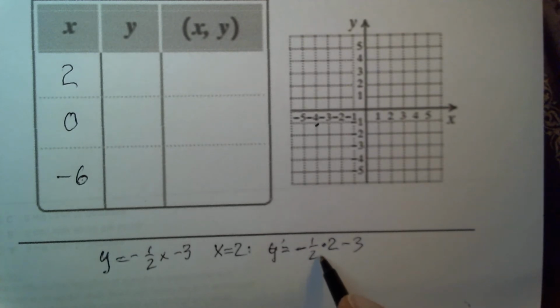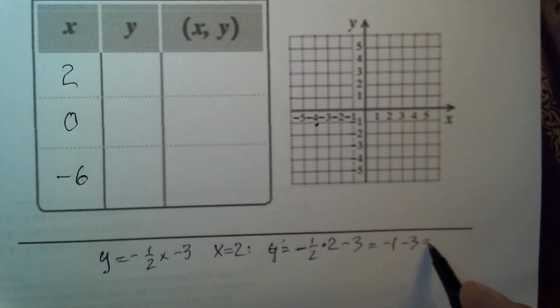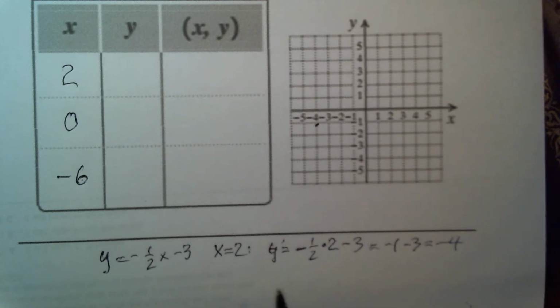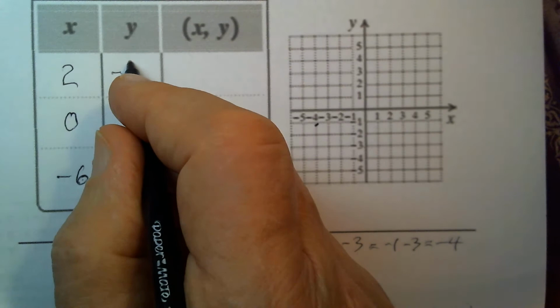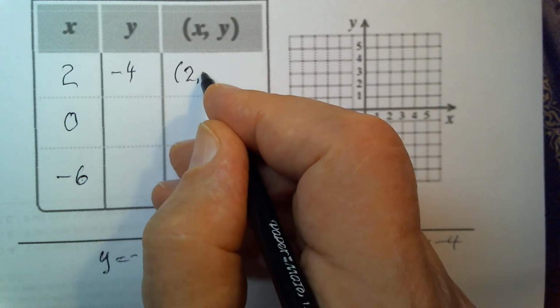Minus 1/2 times 2 is equal to minus 1, and minus 1 minus 3 is equal to minus 4. So we have the corresponding y value as minus 4, and the ordered pair 2 comma minus 4.